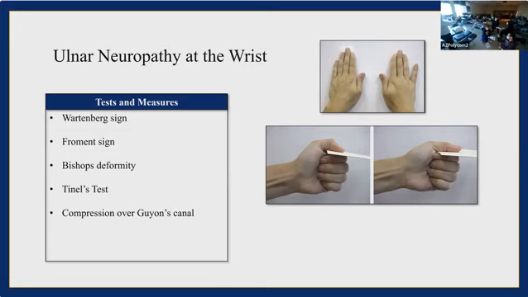If, when you pull the paper, their thumb collapses into flexion, they've lost strength in the muscles innervated by the ulnar nerve, and the median nerve is thumb flexion. So they're going to bias and try to use thumb flexion to hold onto the paper rather than thumb adduction. That's called Froment sign. Does that make sense?